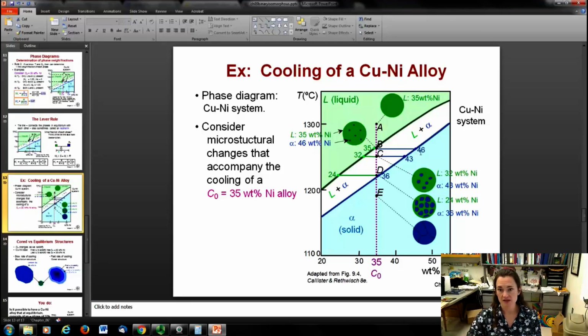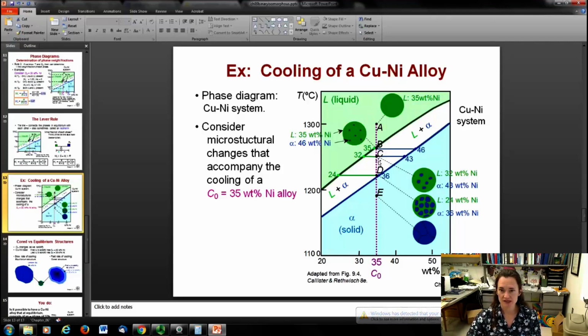So because nickel has a higher melting point, the nickel is going to preferentially become a solid first. And so these little particles are going to be very nickel rich compared to the bulk concentration of the liquid, which is 35%.